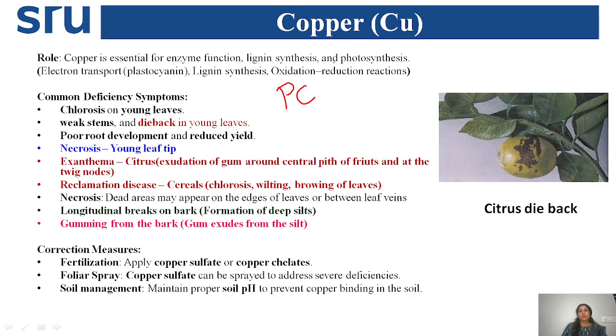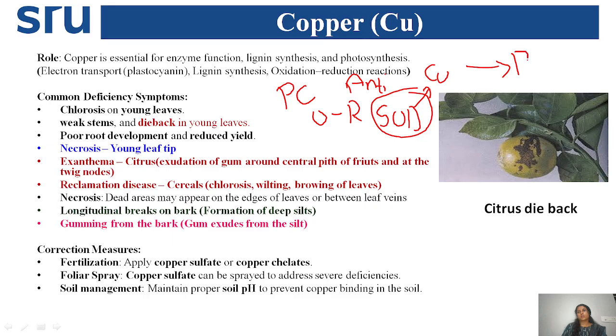Copper is also involved in oxidation and reduction reactions, and is a component of antioxidants. Superoxide dismutase is one kind of antioxidant. It is attached with copper to neutralize reactive oxygen species. This is the role of copper.